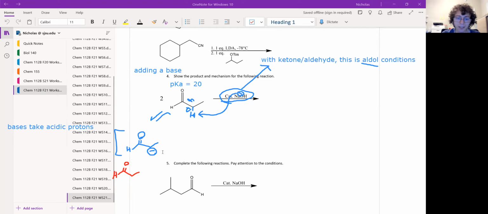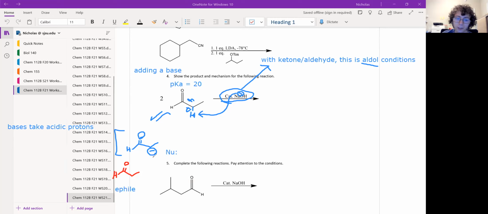The enolates can behave as a nucleophile because we have that negative charge on a carbon. And remember in chapter 19, I believe it was, we looked at aldehyde and ketone reactions. And remember, in those reactions, the aldehyde or the ketone was always an electrophile. Specifically, the carbonyl carbon is an electrophile.